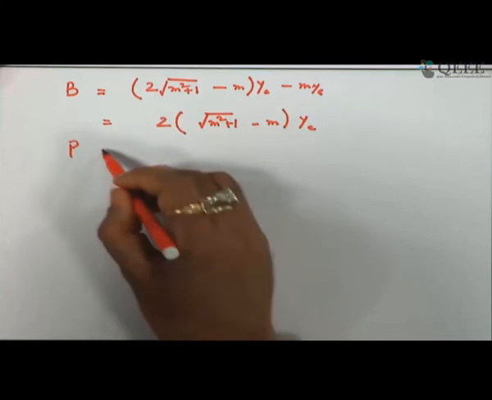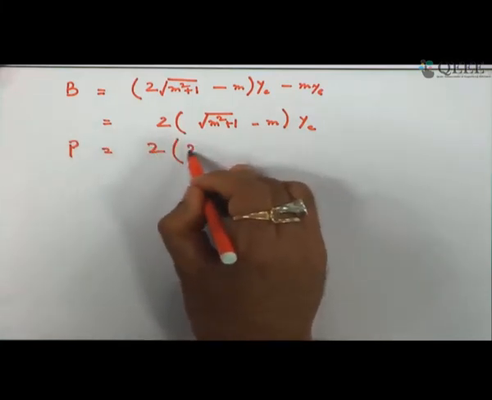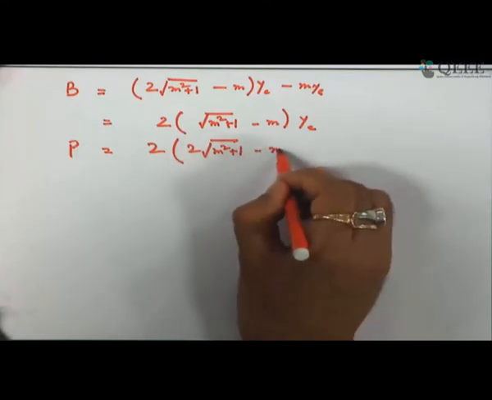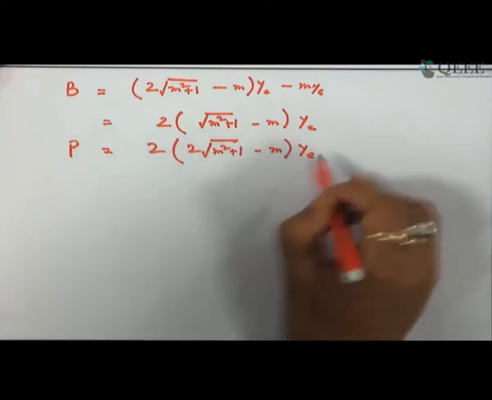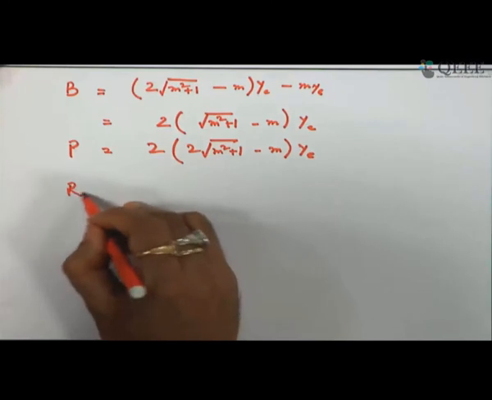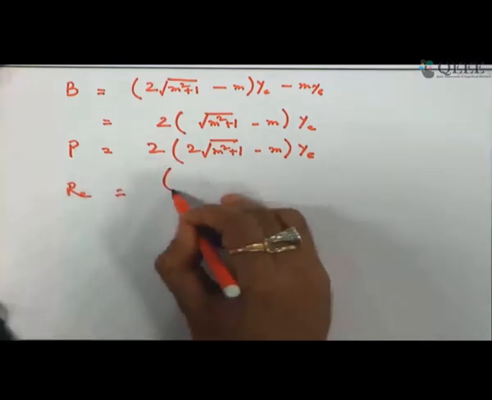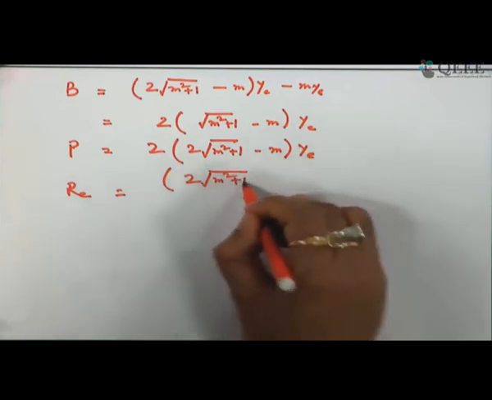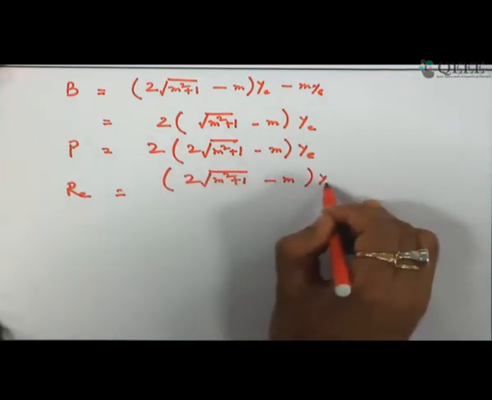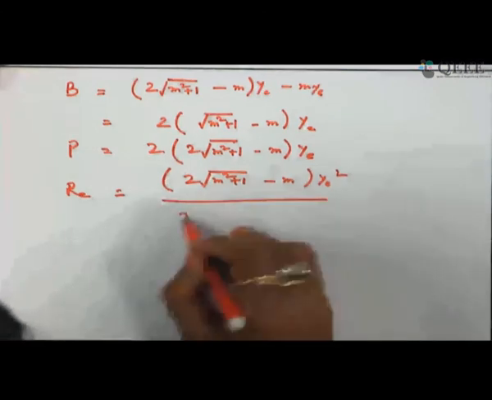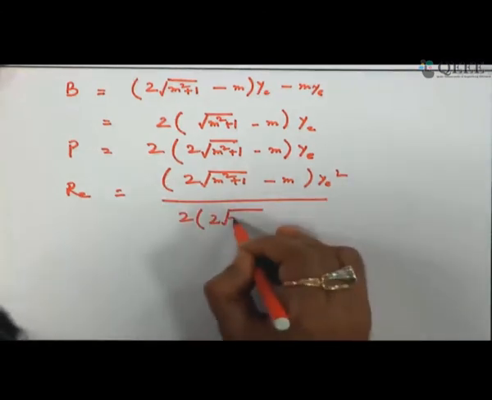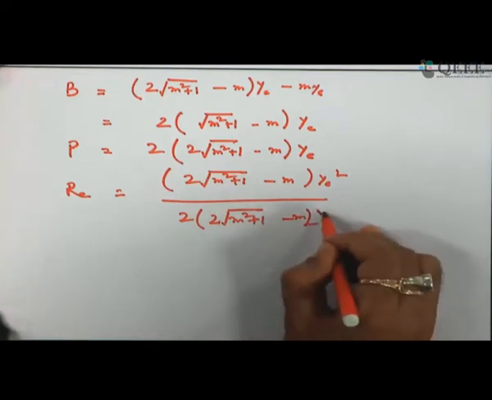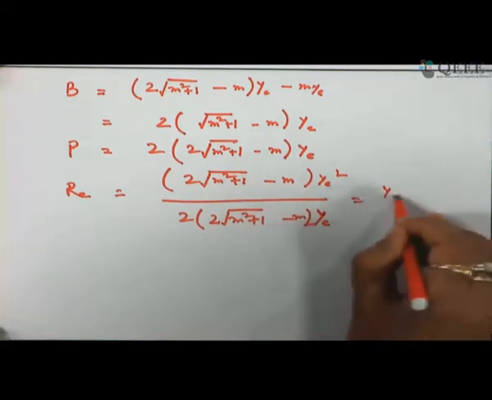The perimeter is 2 times (2 square root of m squared plus 1 minus m) y e, and the hydraulic radius is (2 square root of m squared plus 1 minus m) y e squared over the perimeter, which equals y e by 2.